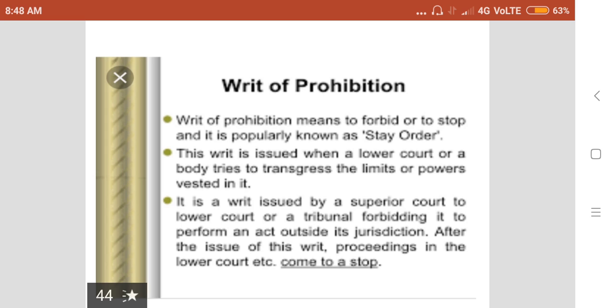After the issue of this writ, proceedings in the lower court come to a stop. So, if proceedings are started in a lower court which has no jurisdiction over the case, then the superior court can ask the lower court to stop the proceedings and to transfer the particular case to the superior court.